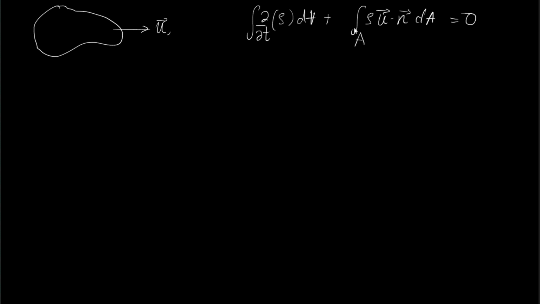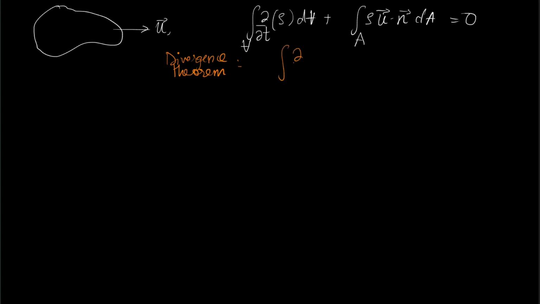So for a control volume which moves identically with the velocity of the fluid, the integral equation is, so this is integrated over the area, this is integrated over the volume. Now we can make use of the divergence theorem and write down the second area integral as a divergence.